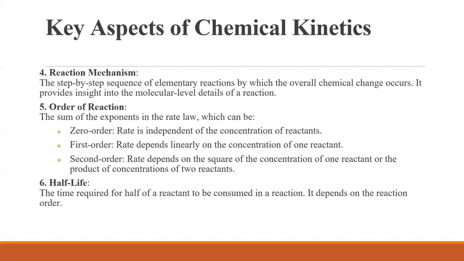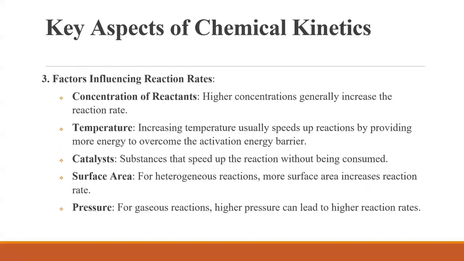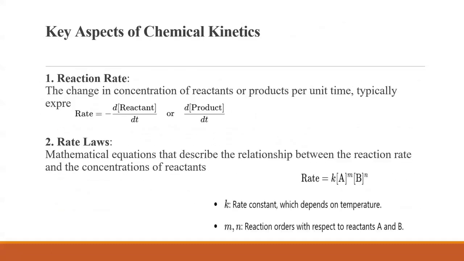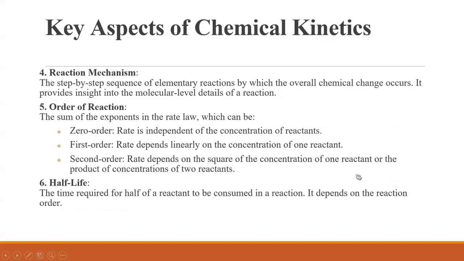The order of reaction is another aspect, and it is the sum of the exponents in the rate law that we looked at here. For example, the sum of M and N would give you the order of reaction. For a zero order reaction, the rate is independent of the concentration of reactants.